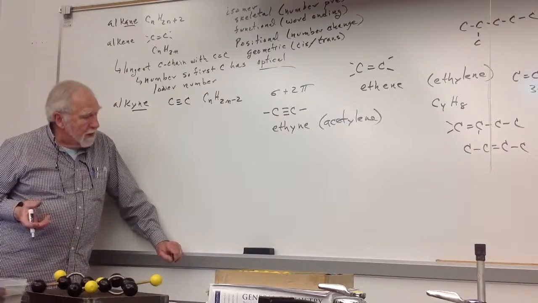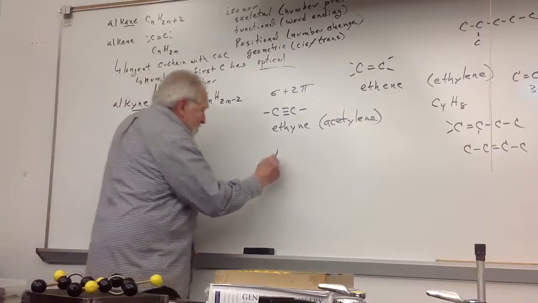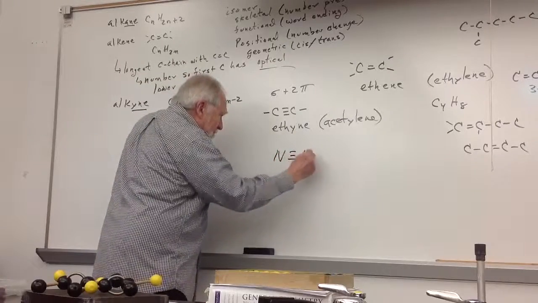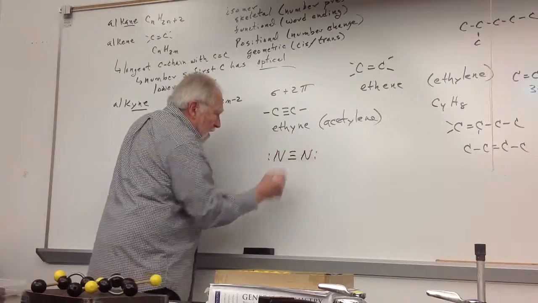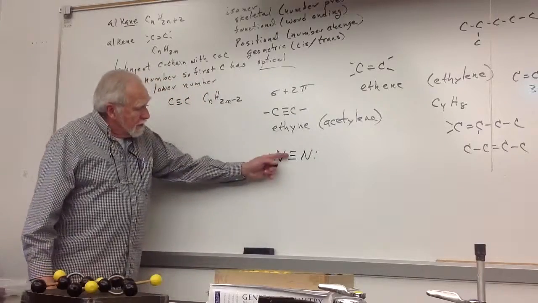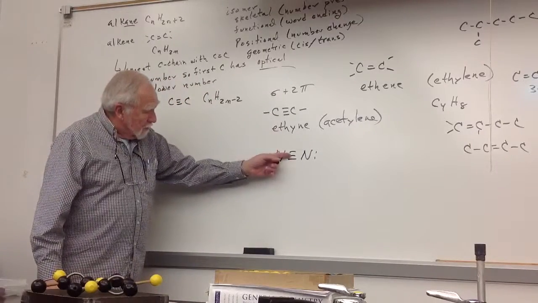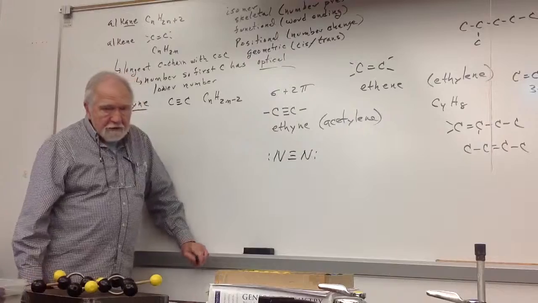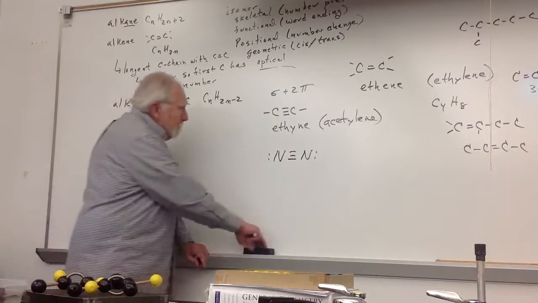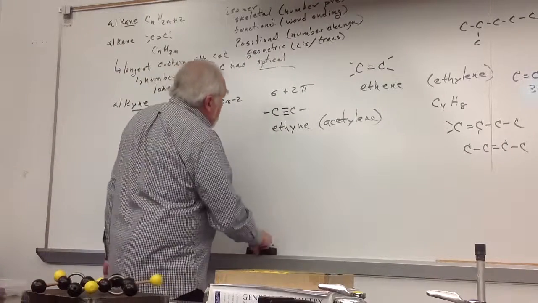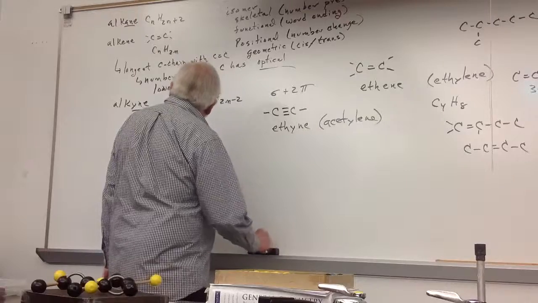And by the way, we did that for the electron dot structure for nitrogen, and it's the same rule. It's a sigma bond and 2 pi bonds. Okay, so that's the triple bond.